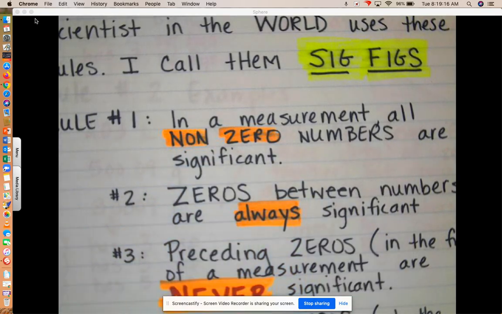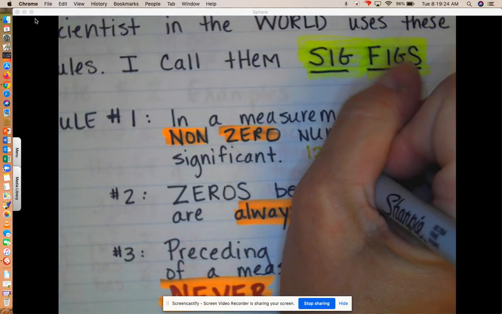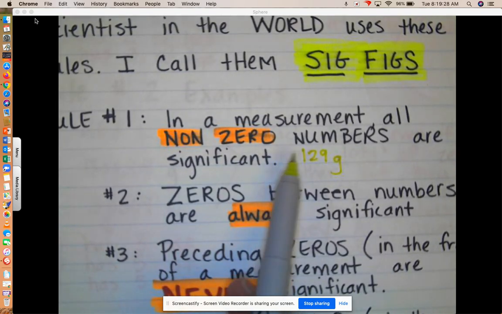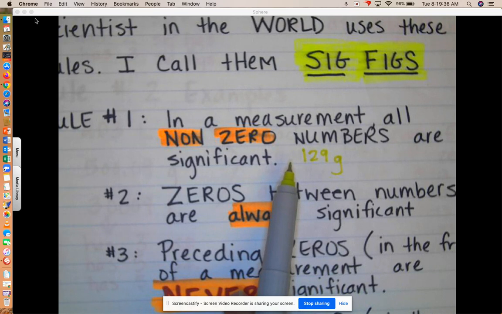And when I say significant, that just means if I have a measurement like 129 grams, that's my measurement, 129 grams. Are all of the digits in that measurement numbers, actual numbers, not zeros? Yes?